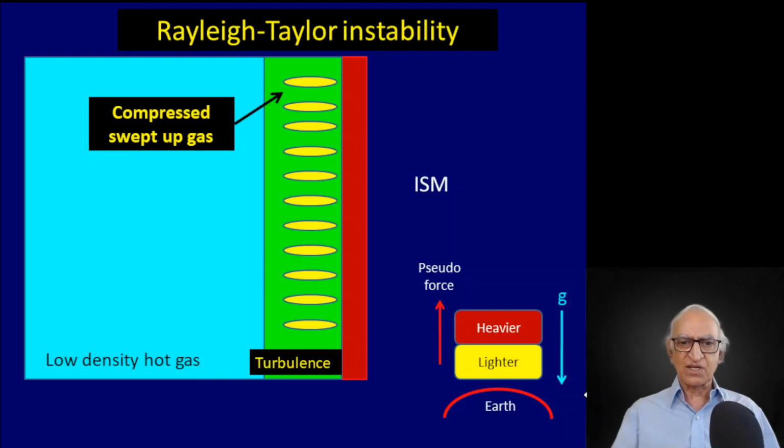But first, look at what I have shown on the right over there. Here is the Earth. And what do you normally find? Above the Earth's surface, there is an atmosphere.